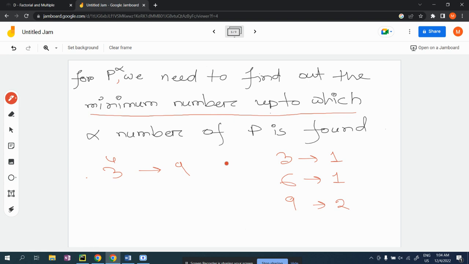So if n factorial wants to contain 3 to the power 4, it must contain 3, 6 and 9. But we can say that containing 9 is enough, because if it contains 9, then 1 to 9 will automatically be inside that n factorial. So the minimum number required so that four 3s can be found is 9.